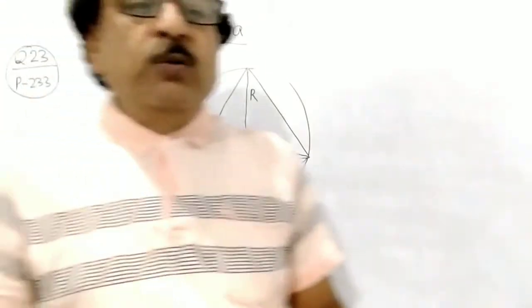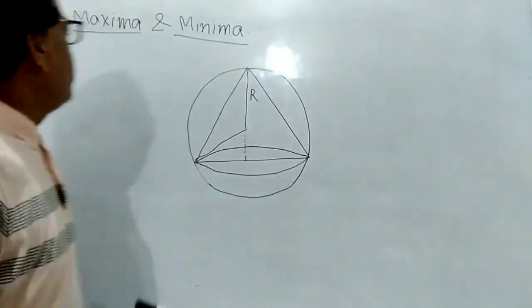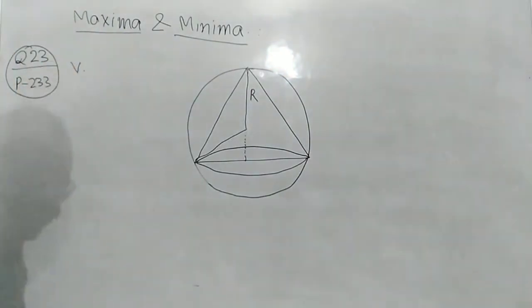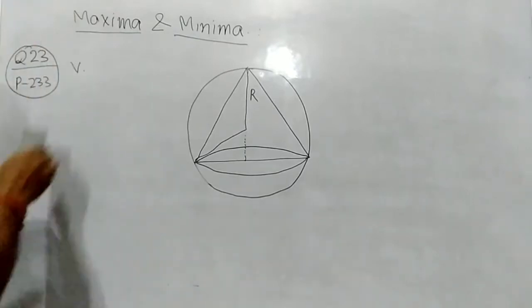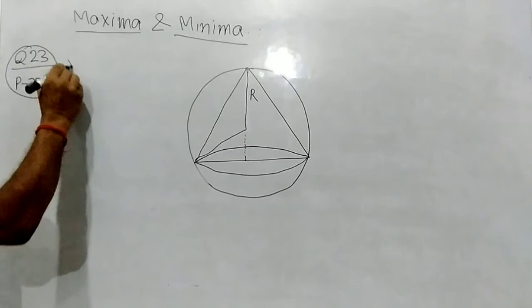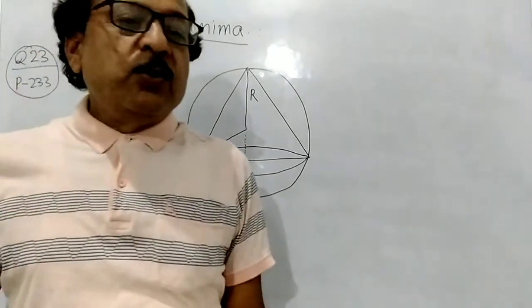The volume of the largest cone that can be inscribed, let this be VC. VC means volume of the cone.